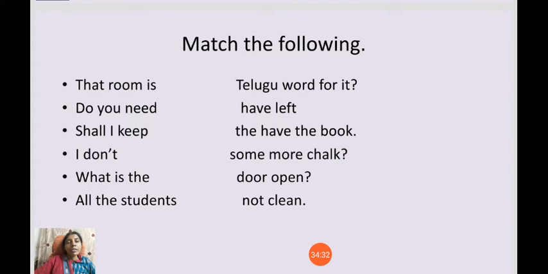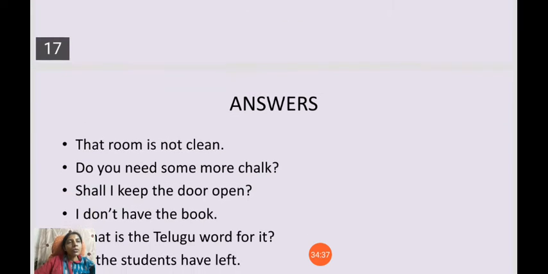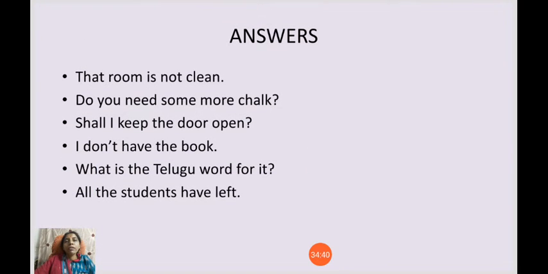Okay, let's look at the answers for it. Just go through the answers, and make corrections if you have not matched properly. The room is not clean. Do you need some more chalk? Shall I keep the door open?